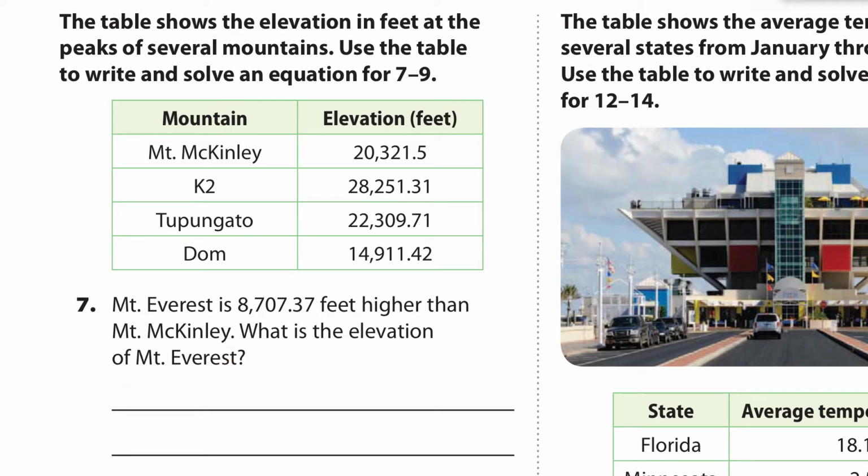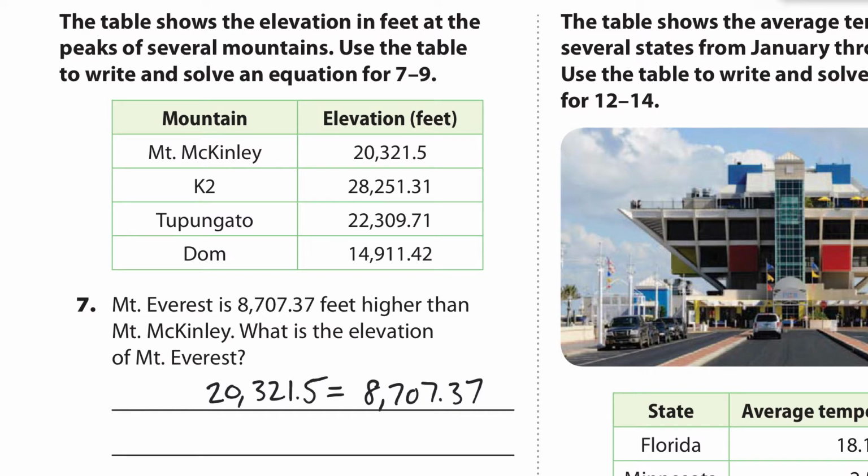Well, what we have is this elevation of 8,707.37 feet, and that's the height of Mount Everest, and that is, which is, write the equal sign whenever you see is, that many feet higher than Mount McKinley. Mount McKinley is 20,321.5 feet.